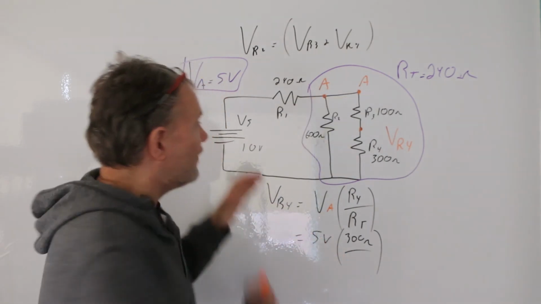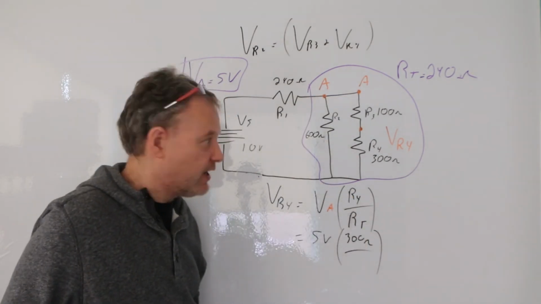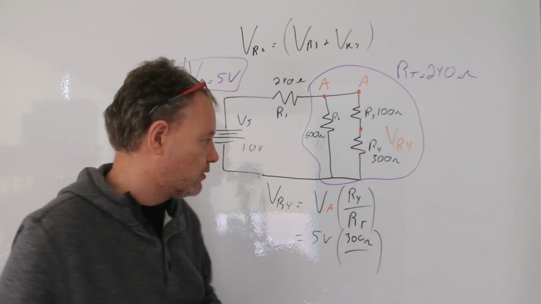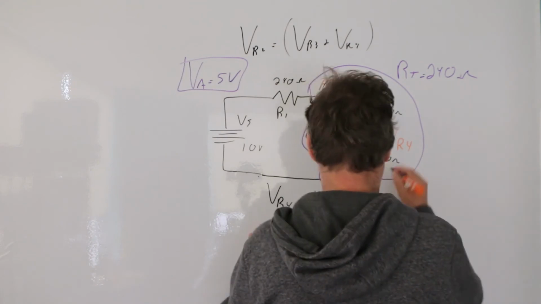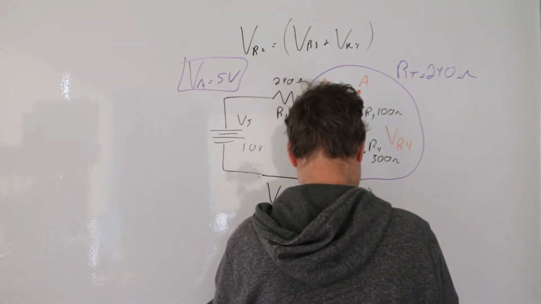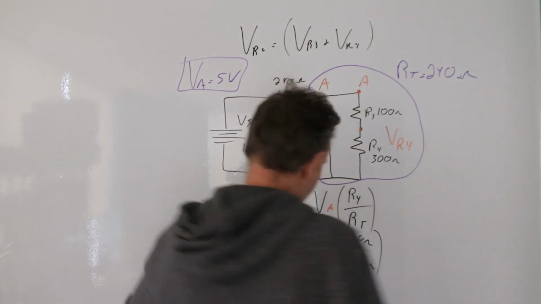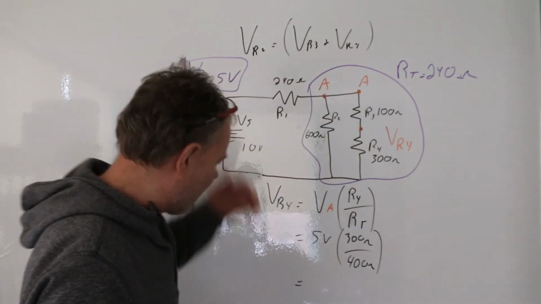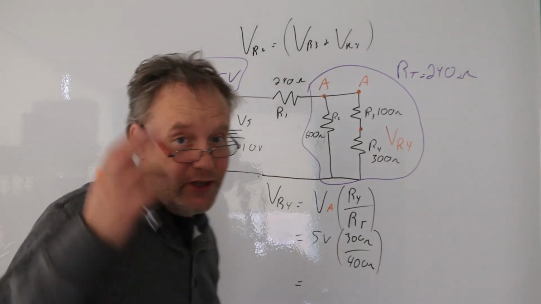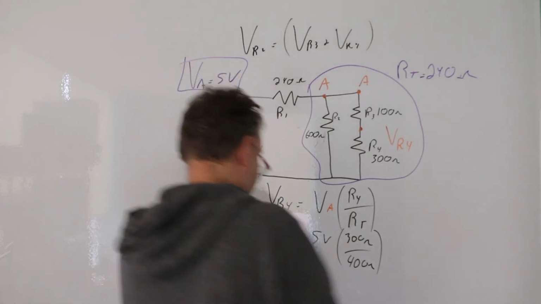So my RT is not the total resistance of the circuit, it's just the resistance of the two resistors dividing the voltage. I was going to say current. Okay, so in this case, it's not 240, it's 400 ohms, and that is 3/4 of 5, which is 3.75.